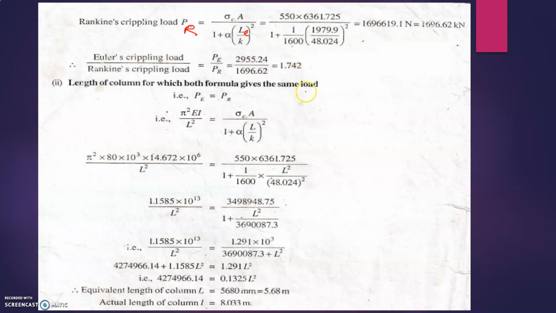So how can you compare? Euler's crippling load is equal to 1.74 times of Rankine's crippling load.